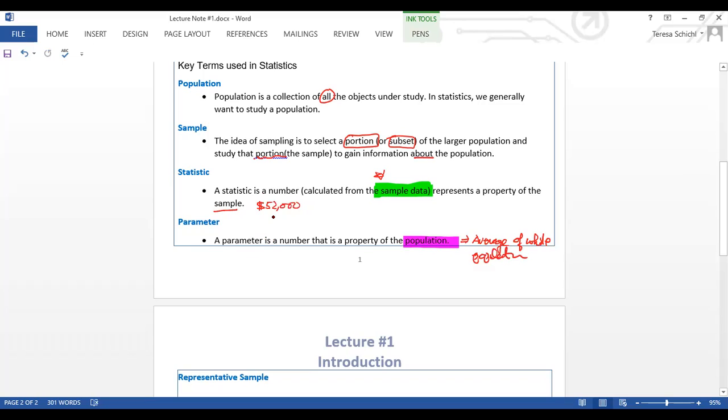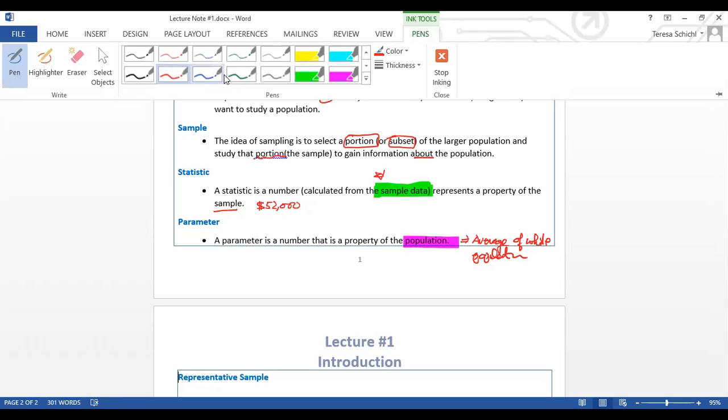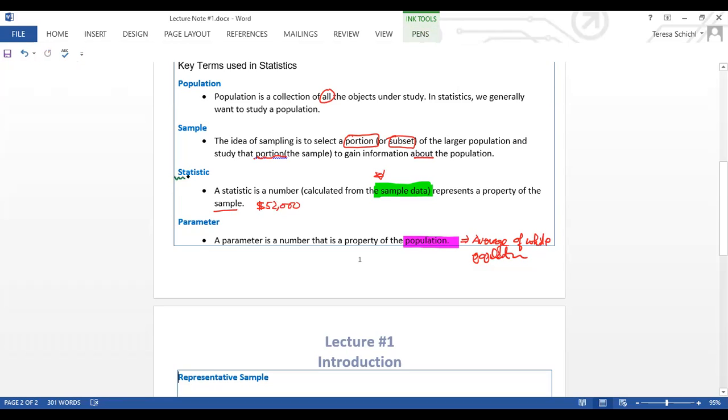The population parameter, the average income, is what I'm interested in, but typically I don't get it, so I use the sample statistic to estimate the parameter. This is a very important relation: if your sample is representative, the statistic will give a very good idea of what your parameter looks like. All right, cool.